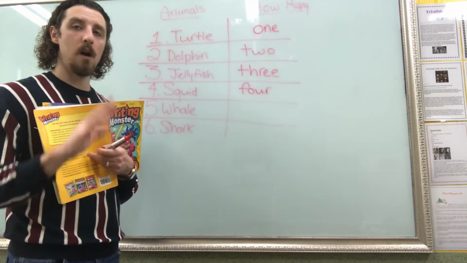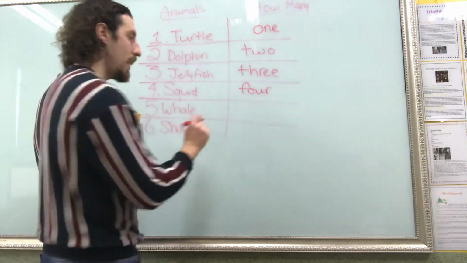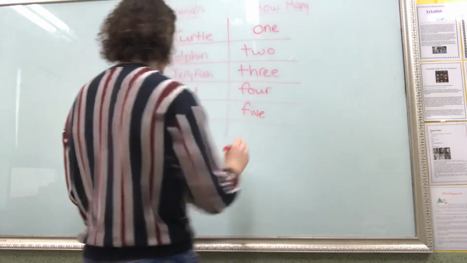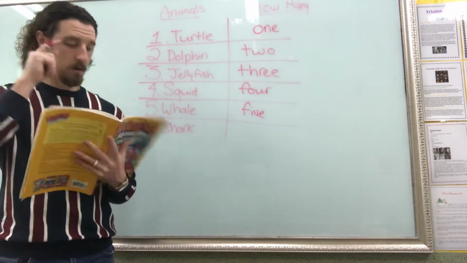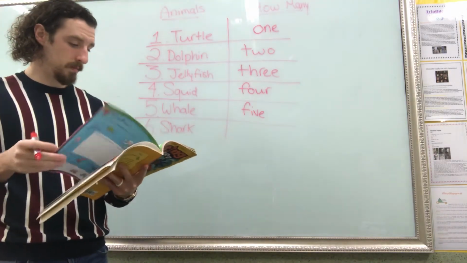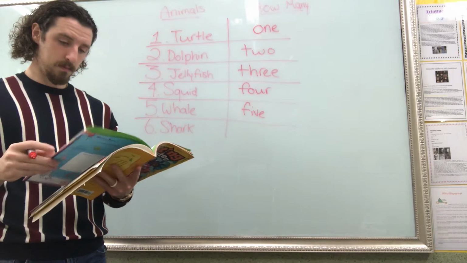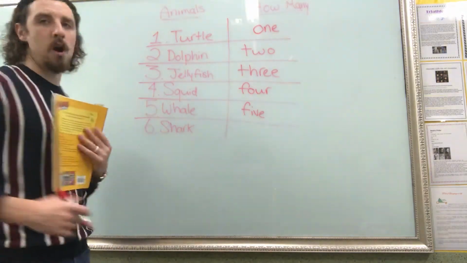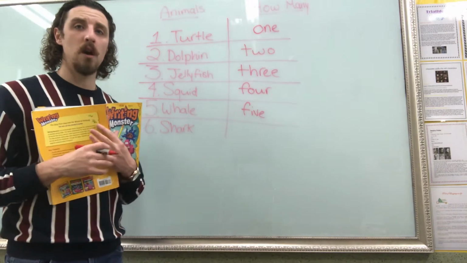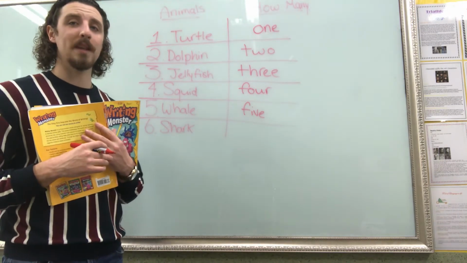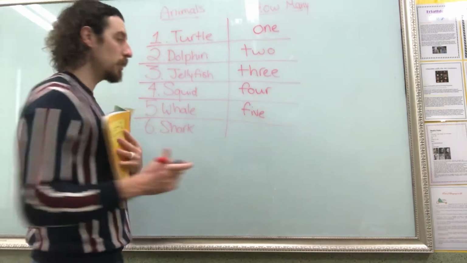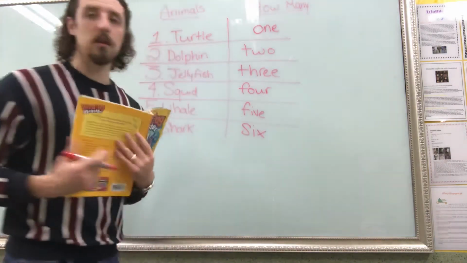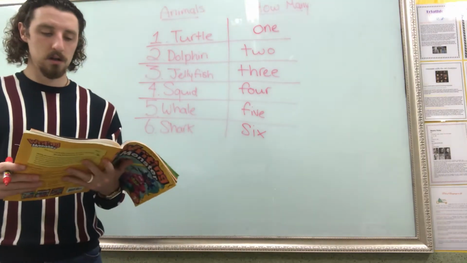We will say there are 5 whales. Okay? And the last one, for the shark, how many sharks are there? We will say there are 6 sharks. 6 sharks. Okay?